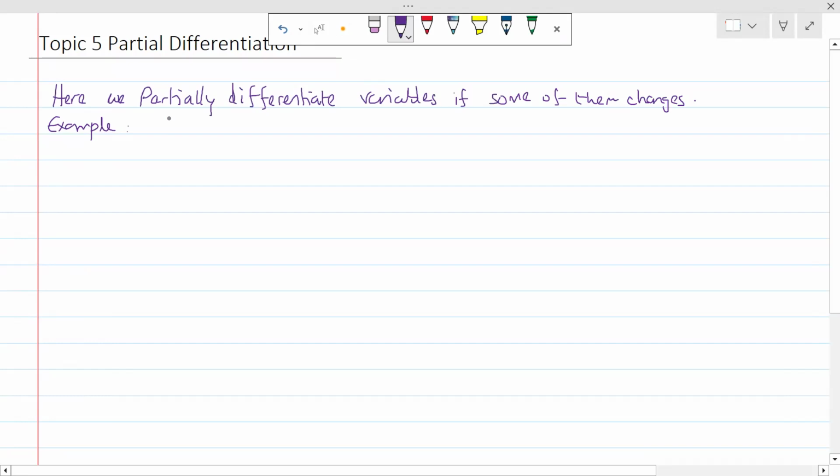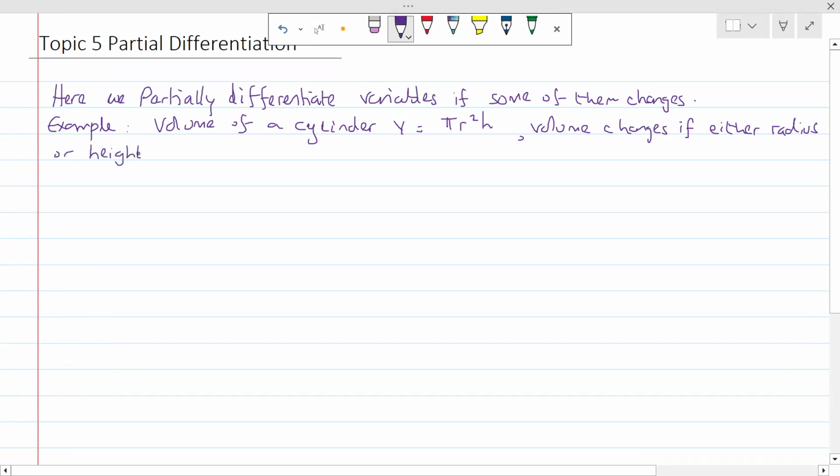Example, the volume of a cylinder, like you know, equals πr²h. So volume changes if either the radius or height will change.